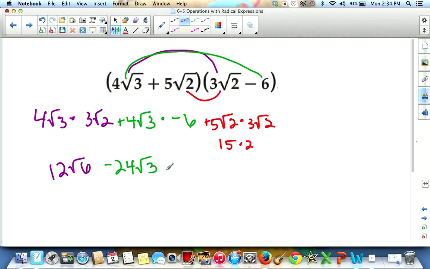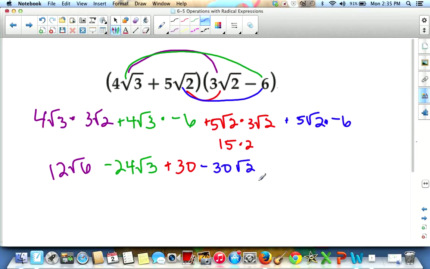So it looks like we're going to have plus 30. And then we take the last terms, and that's going to be 5 square roots of 2 times a negative 6. So that's going to be a negative 30 square roots of 2.